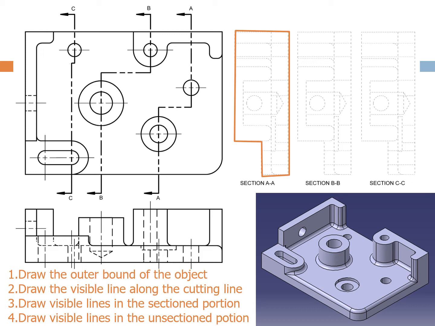After you draw the outer bound, then we'll see if there's any visible line going along the cutting line. So this is the outer bound, but the cutting line is the line that actually goes through this object. So we are going to follow the AA line and see what the line will go through. So you look at the AA line. The AA line goes from here, from here to here to here and turns.